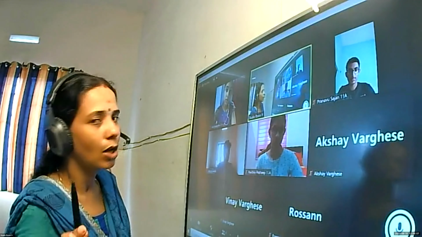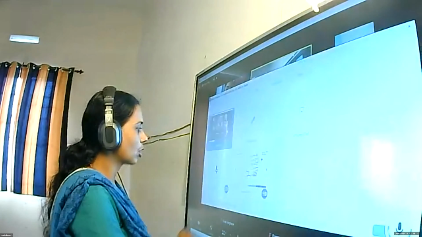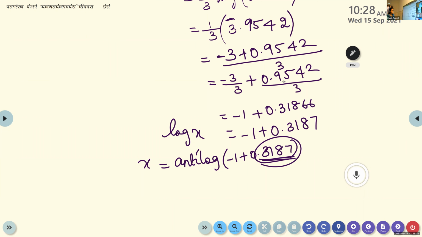How are we using the log table? When we use the log table, we get the value of log x, but our aim is to find x. In order to find x, we have to take the antilog. So again, you take the antilog table.